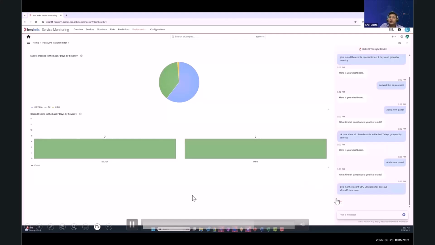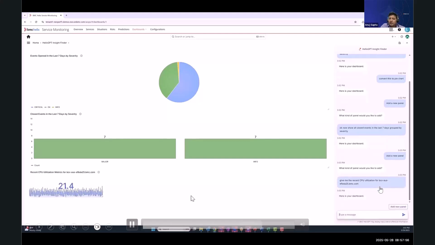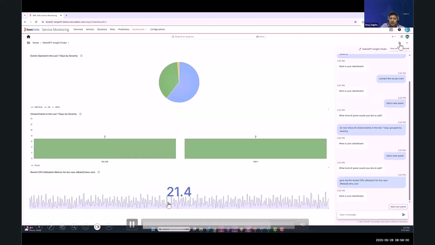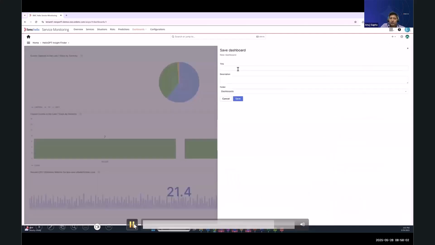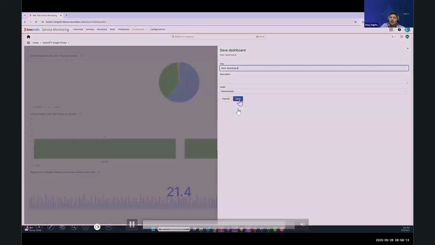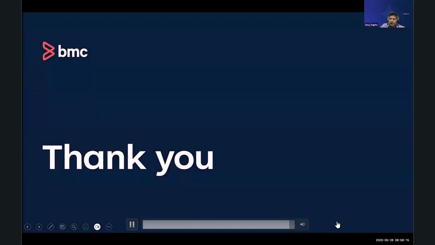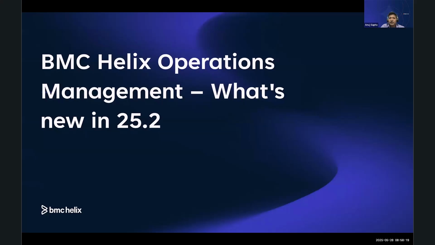Or if our request is as specific as give us the CPU utilization for a given host, it has provided that CPU utilization for the given host. You can always optimize and reduce the size and everything, and finally save and share these dashboards for further collaboration, right? So yeah, that is there on our Helix Insight Finder.